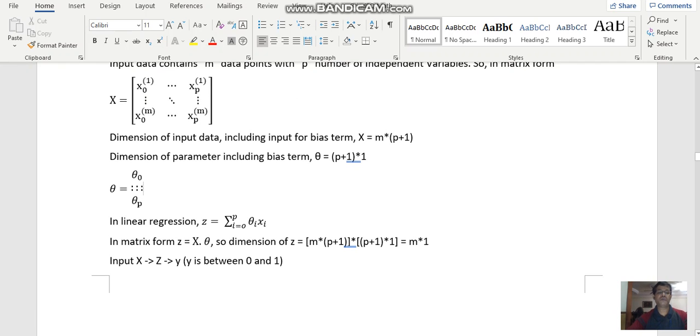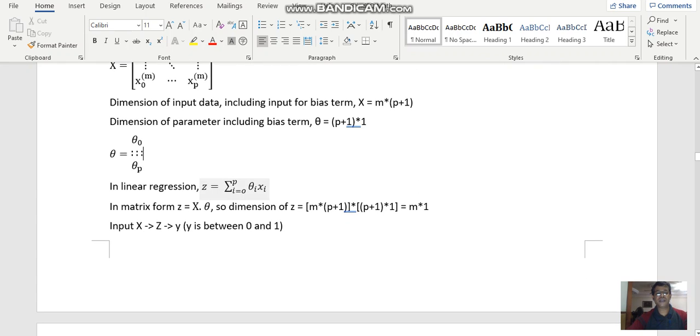Now in linear regression, for each data point, the first row is multiplied with the parameters, then the second row is multiplied with the parameters, and that's how we get the predicted estimation, which is generally called Z. In linear regression, the value of Z is represented something like this. In matrix form, we can represent this as X dot theta.